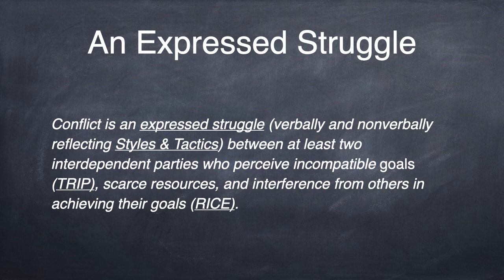Interpersonal conflict is between at least two interdependent parties who perceive incompatible goals, and the TRIP goals, TRIP: topic, relational, identity, and process goals, are discussed in Chapter 3. You might also perceive scarce resources and interference from others in achieving their goals. That's RICE, or power currencies, as discussed in Chapter 4.